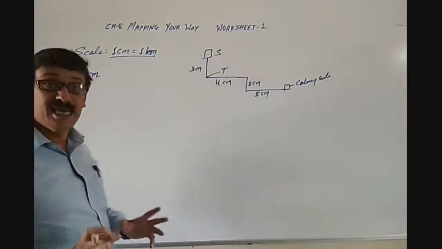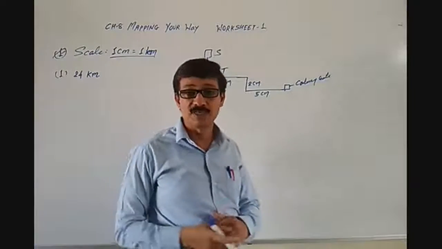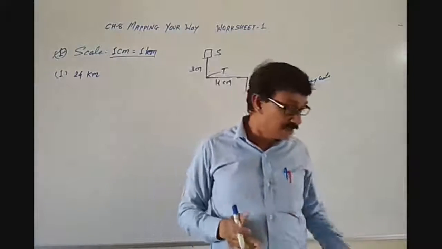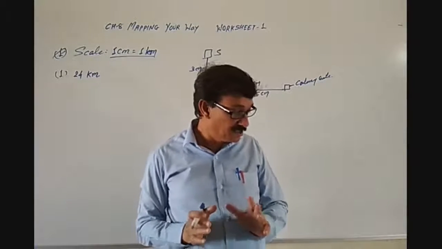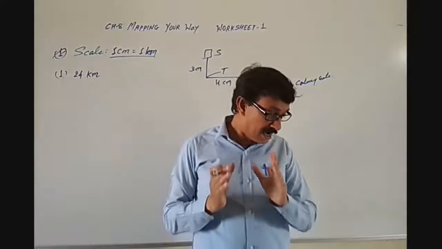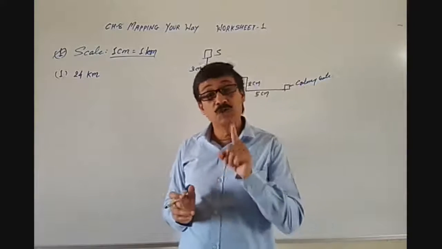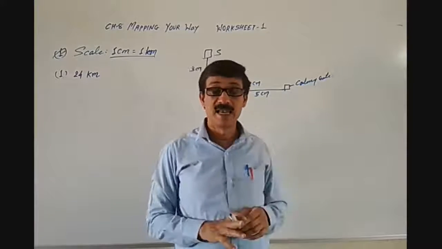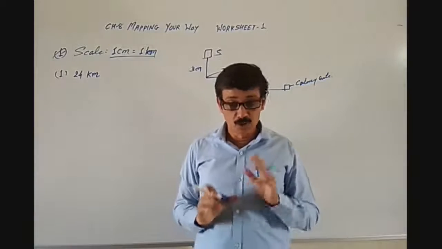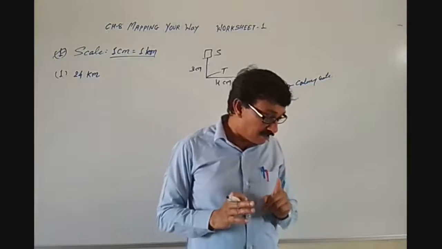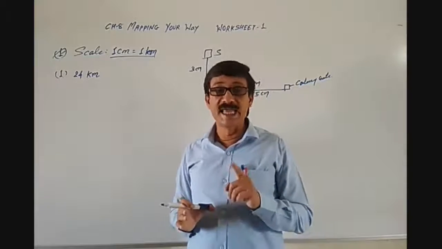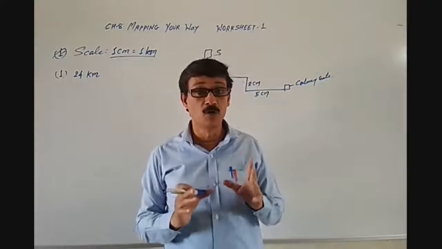But ideally, how should you answer? You should answer in such a way, suppose, the distance between Samira's home and colony gate is 24 kilometers. Like that you should answer.